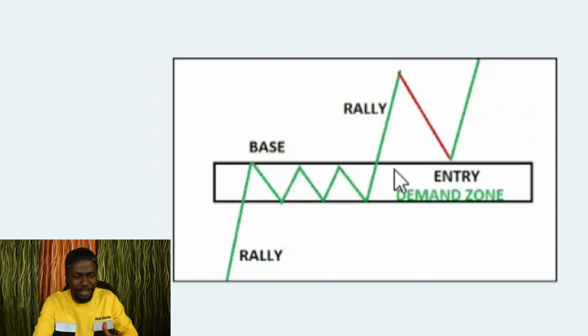You simply place a pending buy order at this zone where their pending order is. The price will then make a retracement to that zone to trigger their remaining order, and after that the price went up. So that's the rally based rally.